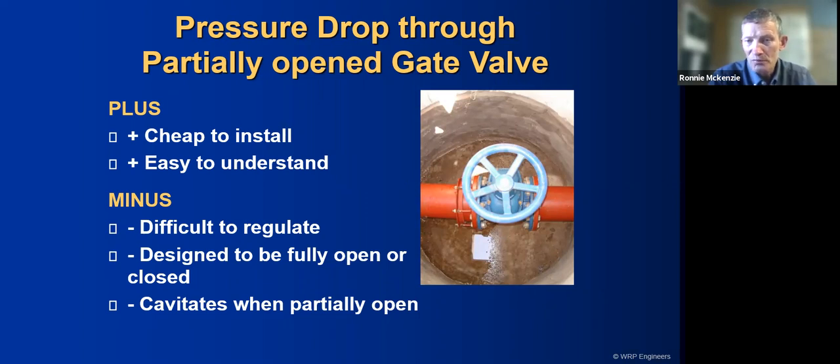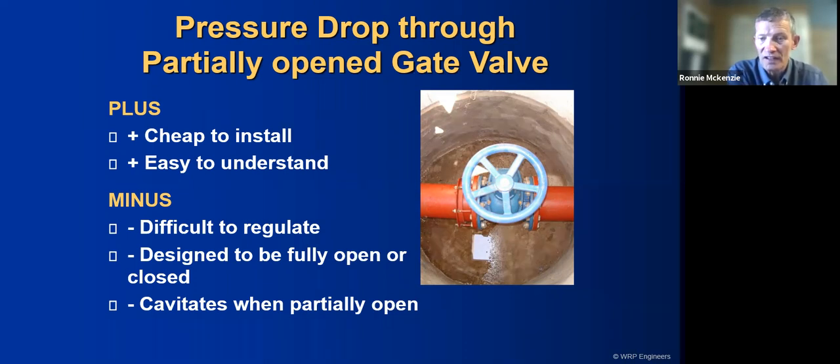Now, what often happens is many utilities, rather than putting in a pressure reducing valve, a control valve, will rather just send people out to an area to throttle the water going into a zone using a normal gate valve. Now, it works. It's a cheap solution, but it's not an ideal solution. Gate valves are designed to be either fully open or fully closed.